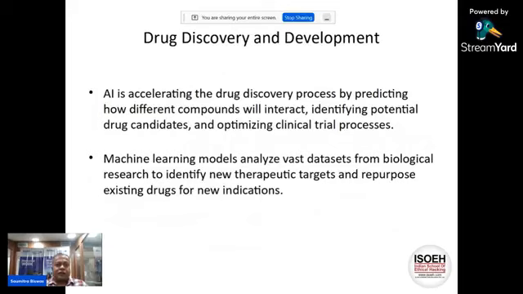Drug discovery and development. So drug discovery means whatever medicine that we are taking, all these medicines are created by research. And research can be accelerated through the use of machine learning, through the use of neural networks, through the use of artificial neural networks. And it is done. Remember COVID-19?